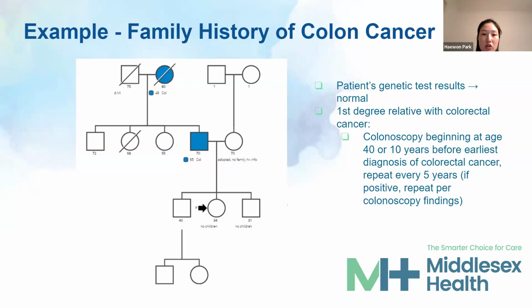This recommendation also applies to her siblings, so to her 2 brothers. And her paternal aunt and paternal uncle should already be having colonoscopy done based on their age, but they should also be having one done at minimum every 5 years based on their family history.